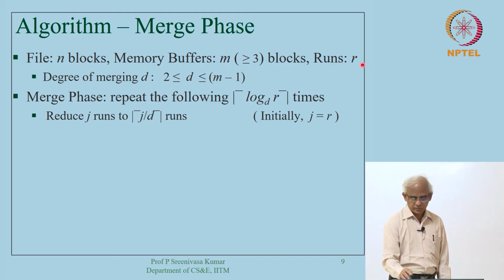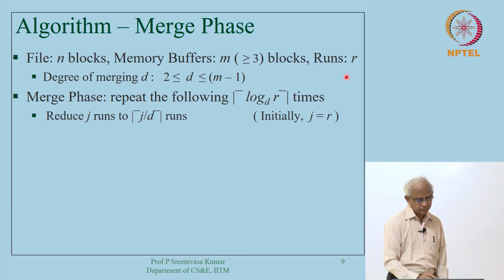So, that means if you have some 100 runs to start with and then you are doing a 4-way merging, so we will reduce the runs to 25 runs. You will take 100 runs and produce 25 runs. Okay. So, reduce j runs to j by d runs. Initially j equals the number of runs that we have.